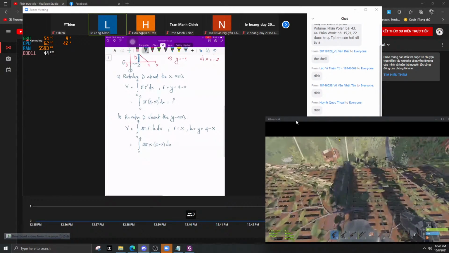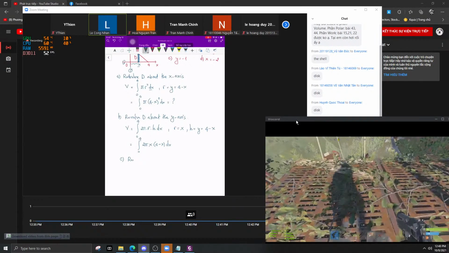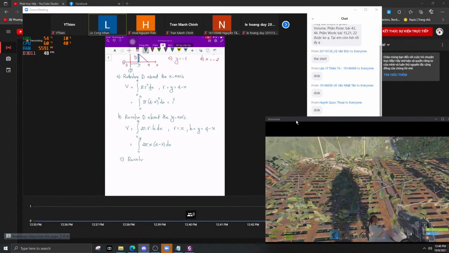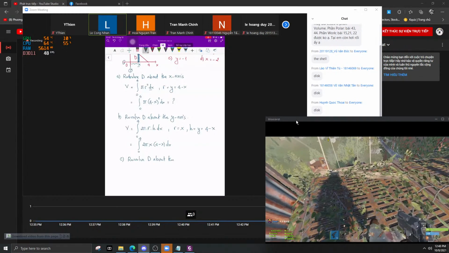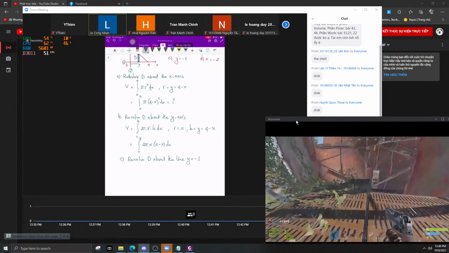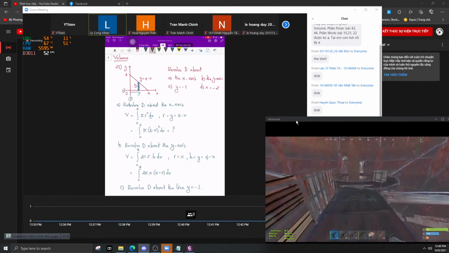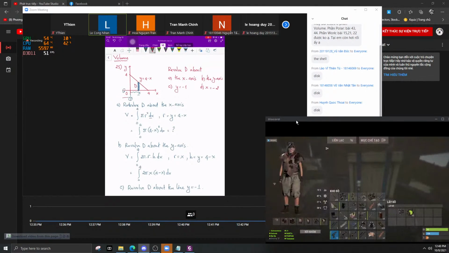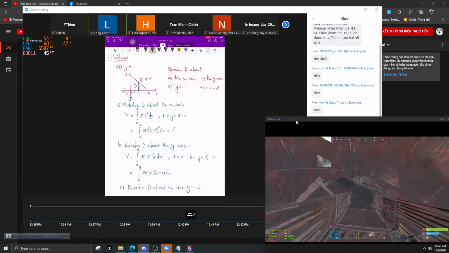In the next part, we revolve the region D about the line y equals minus 1.